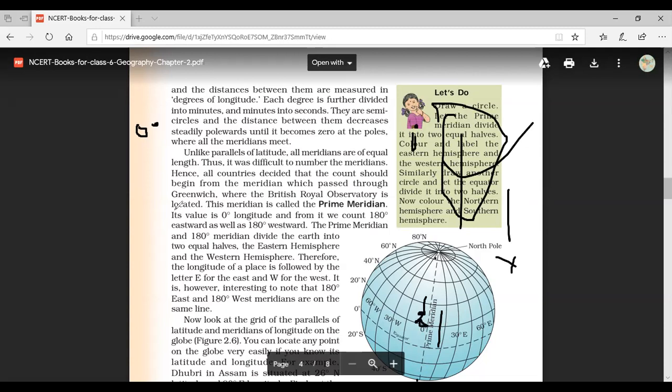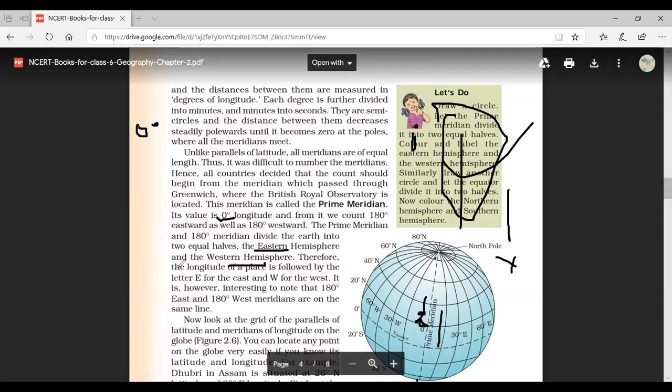Away from it, we count 180° eastwards as well as 180° westwards. The prime meridian and the 180° meridian divide the earth into two equal halves, the eastern hemisphere and the western hemisphere.